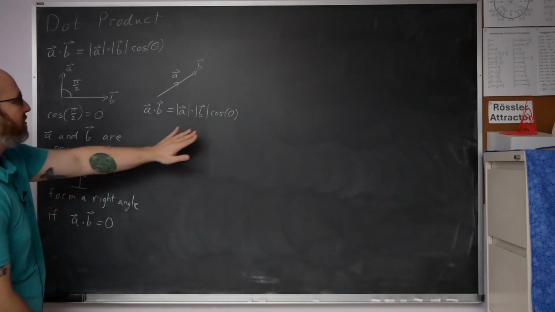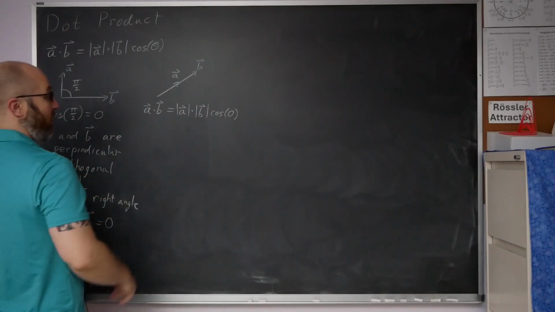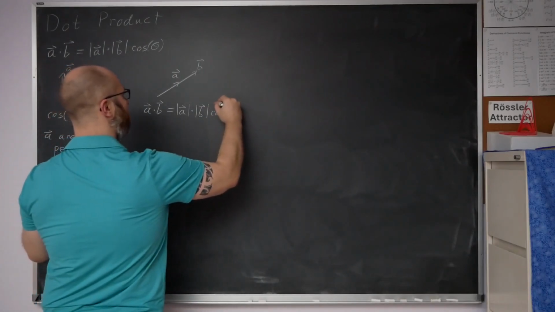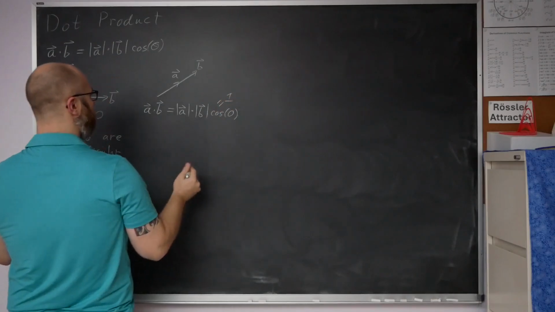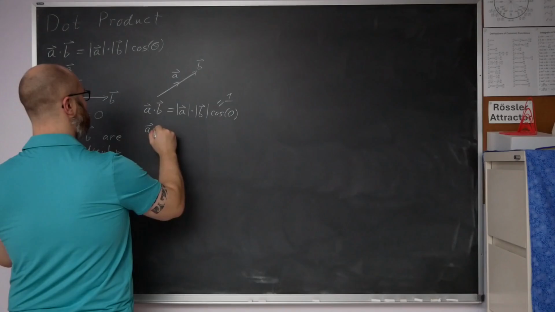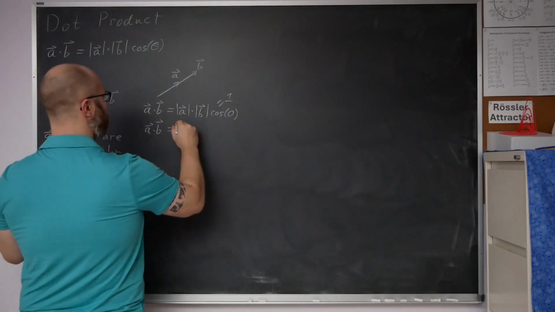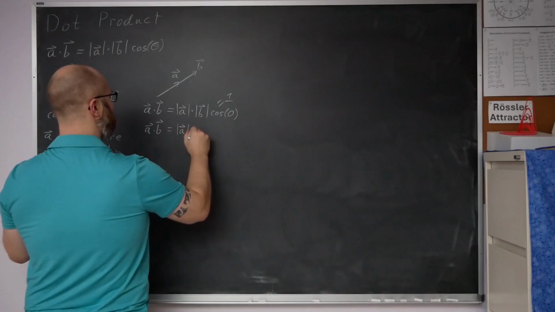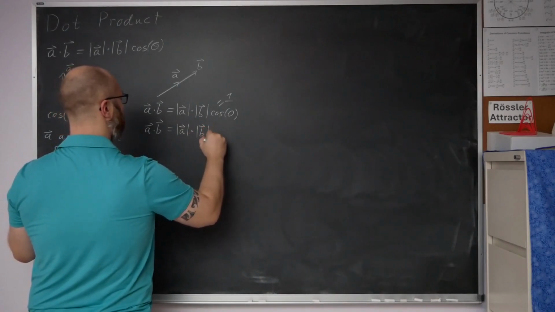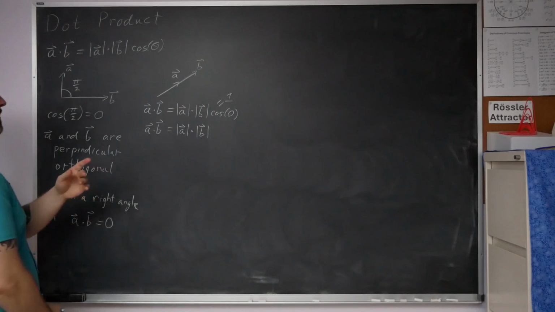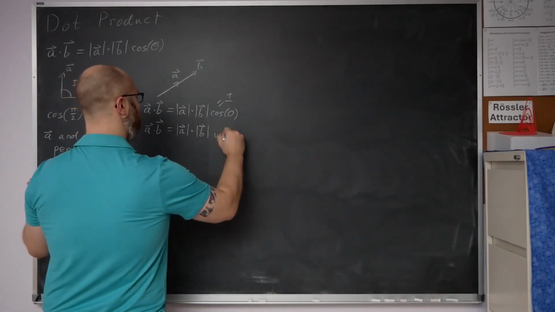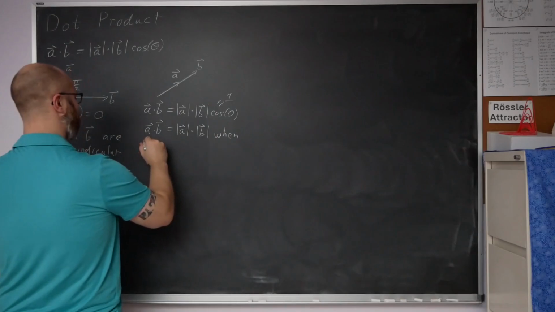All right, I tried to make sure that it didn't look like a theta, it's a 0. But cosine of 0 is 1. So then A dot B equals magnitude A times magnitude B when they're parallel. When I'll say pointing in the same direction.